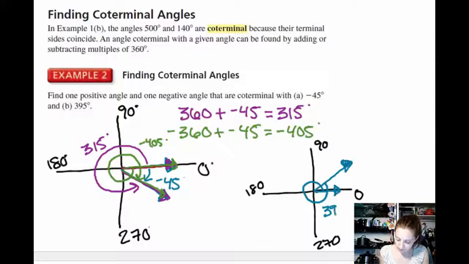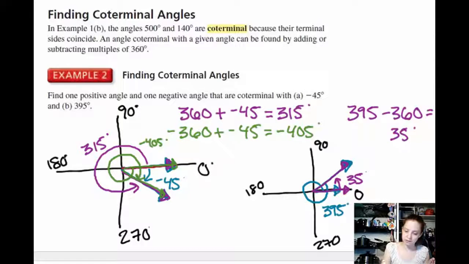If I want to find a positive angle, I'm going to take 395 and subtract 360. What if I don't go that extra loop? What if I just go up from my initial side? That would be 35 degrees. So an angle of 35 degrees would end up in the same spot with the same terminal side.